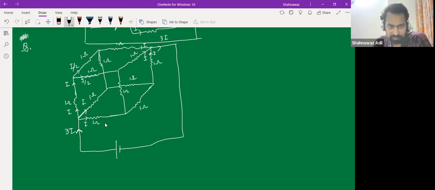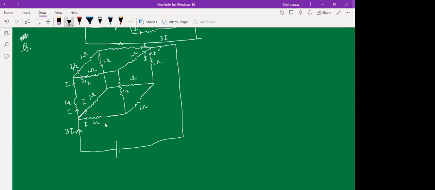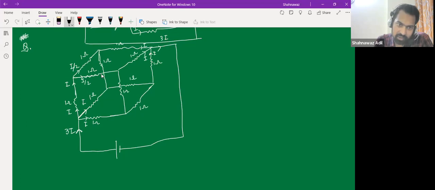Clear? Yes, sir. Okay. And at this junction, again it is divided in two parts. So this would be I by 2, and this would be I by 2. Clear?